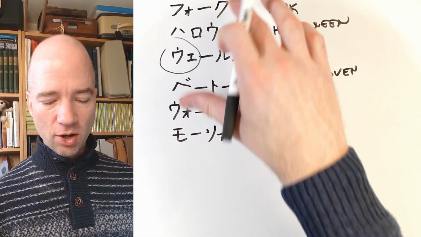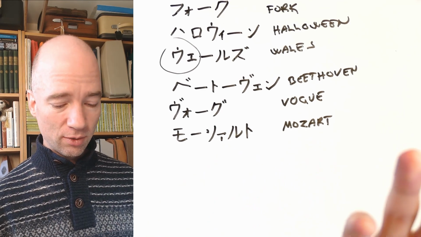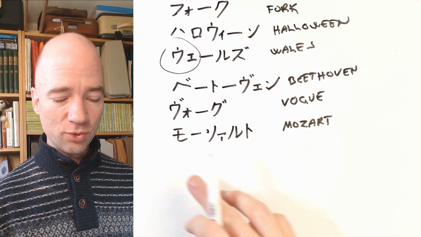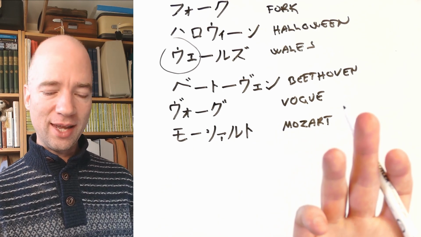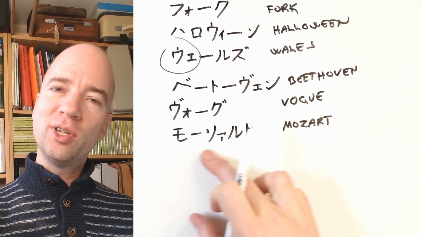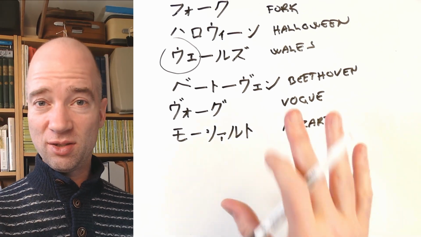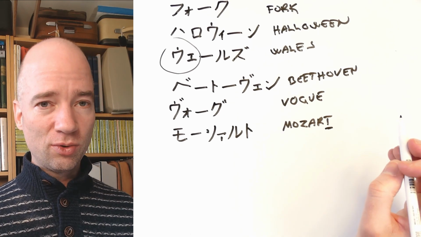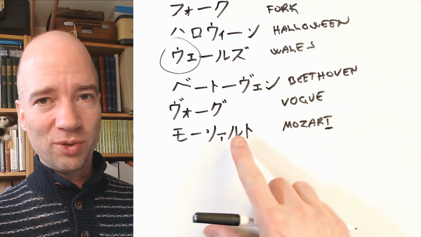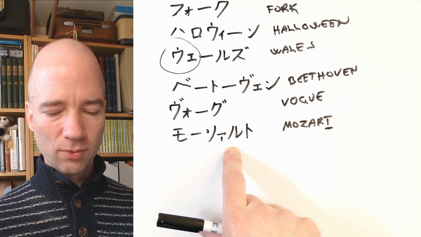But of course, in the case of the T, you can't really use the U line because that's a tsu. So when the other ones aren't pronounced with a vowel at the end of the original word, you can use the U line, but for the T, of course, it's a tsu, so you can't use that. Mozartsu would sound really strange to a Japanese person. Mozarto, to.